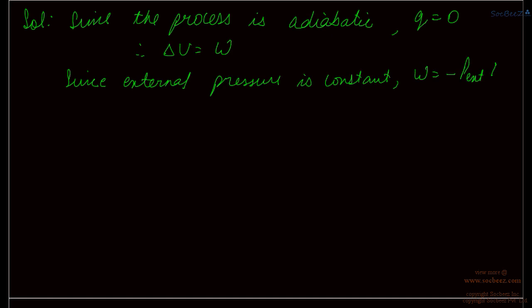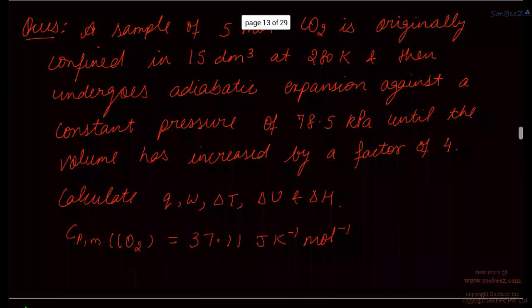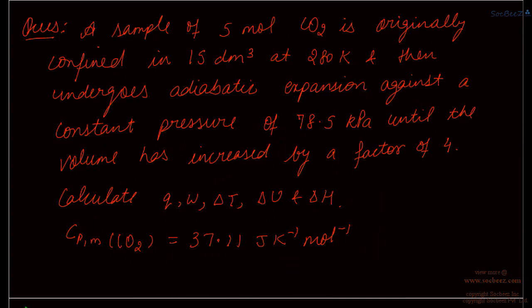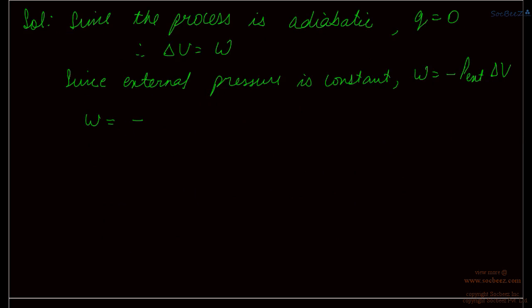therefore work done will be minus P external into delta V, which is just the change in volume. So from here the value of work done is minus, let's see what is pressure. 15 decimeter cube is the initial volume, at 280 Kelvin, and the pressure is 78.5 kilopascal.